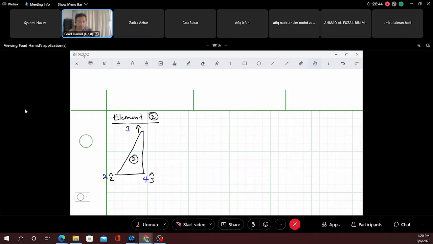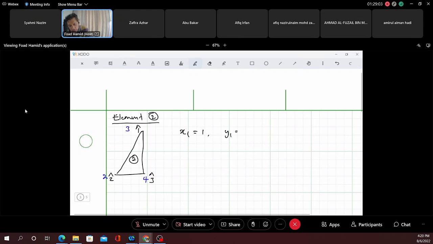So we need to do the same thing again. What we need to know is the coordinates. Let me use black. So this corresponds to the local. x1 is given as 1, y1 equal to 0, x2 equal to 0.5 and y2 equal to -1, x3 equal to 1, and y3 equal to -1.